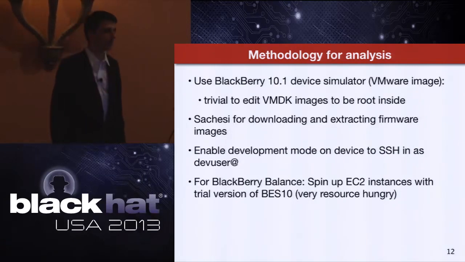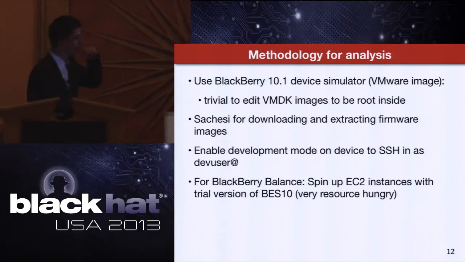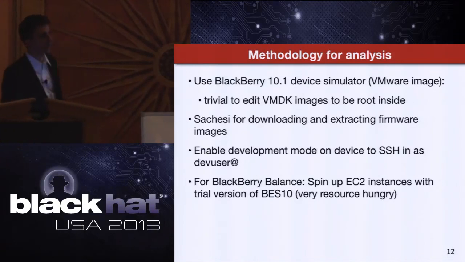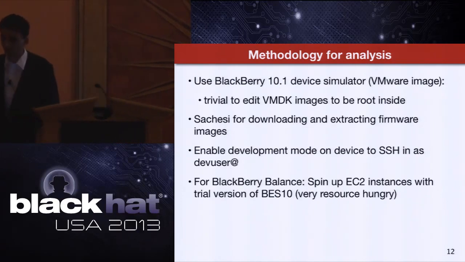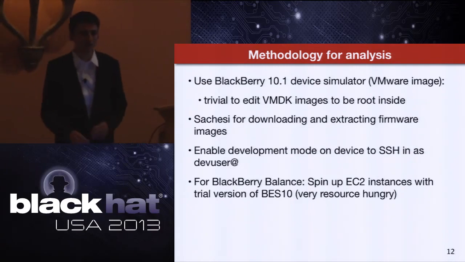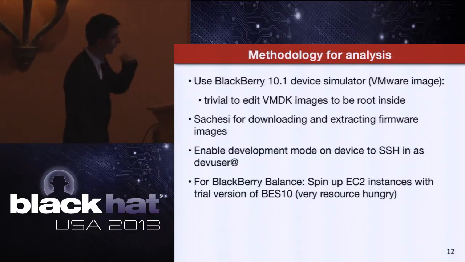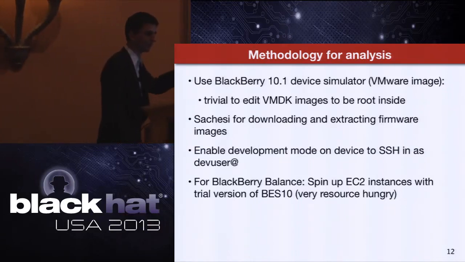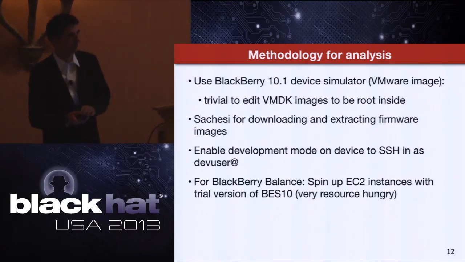And with this, you can basically generate download URLs for the system and for the radio files for all of the different versions of BlackBerry OS 10, so all of the different carriers. So you just give it an MCC and MNC, and then it gives you the URLs for that particular firmware, and the model, of course, because there are several different models of these, and then there's the one with the two models with the keyboard.